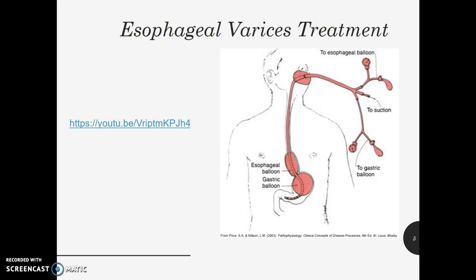This picture shows the typical way that they would put down a specific lavage tube and inflate a balloon in both the esophageal area and the gastric area to try to compress those veins so that they slow the bleeding, and then be able to suction out and try to apply pressure internally to stop the bleeding.